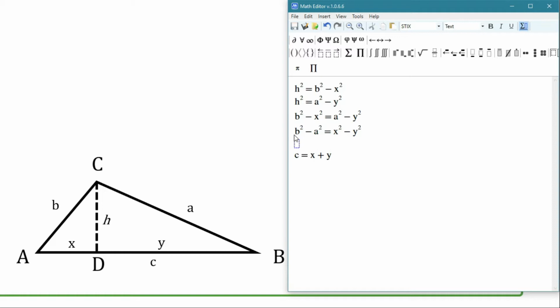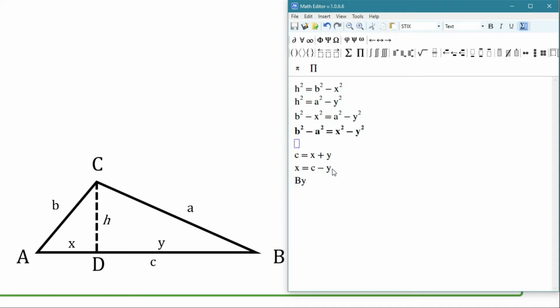In this equation, we can substitute using the concept that C is equal to X plus Y. Either we represent X in terms of C and Y, or Y in terms of C and X. Let us represent X in terms of C and Y, so X equals C minus Y. Since X is equal to C minus Y, we can substitute it into our equation.